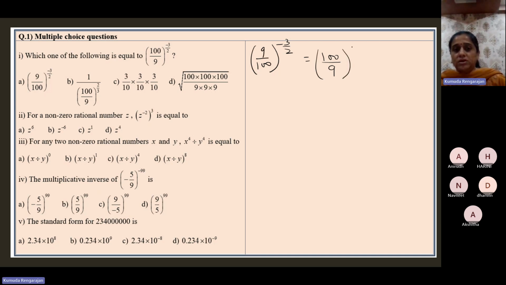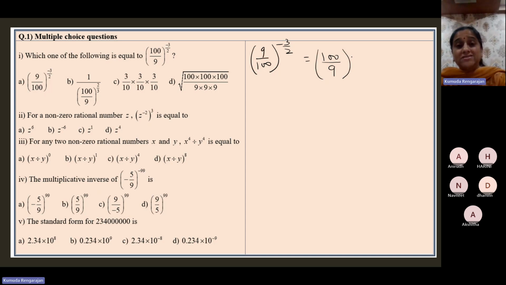How do you write the equivalent of an expression which is in the exponential form? Reciprocal of the base, negative of the power, right? If you want to write the equivalent of an expression in the exponential form, you don't want to write its reciprocal.